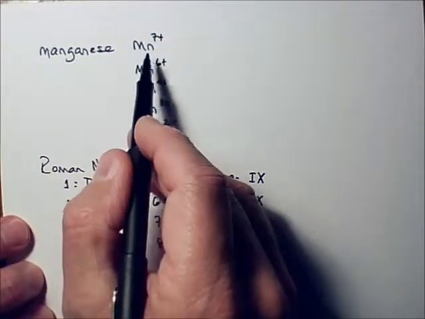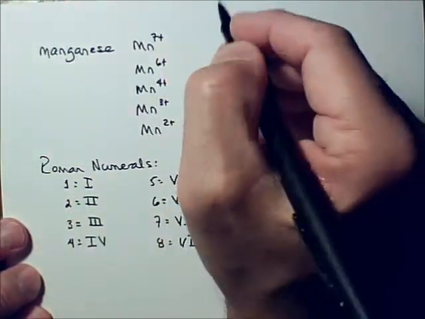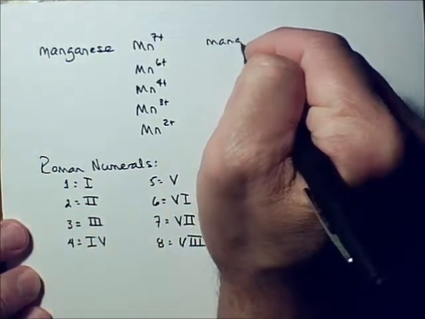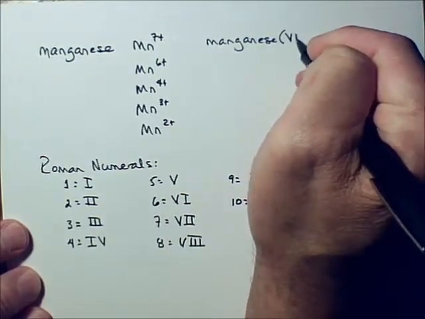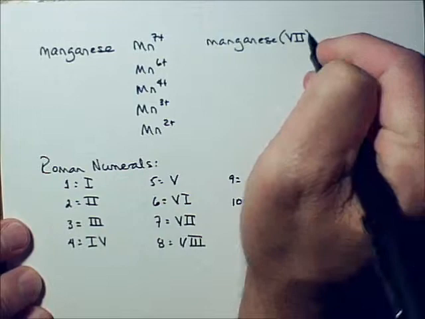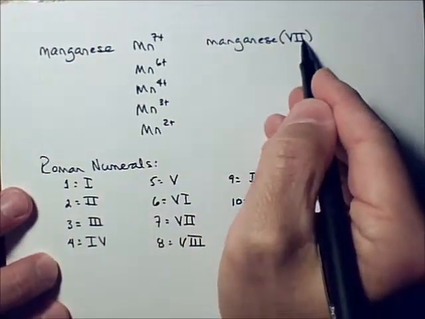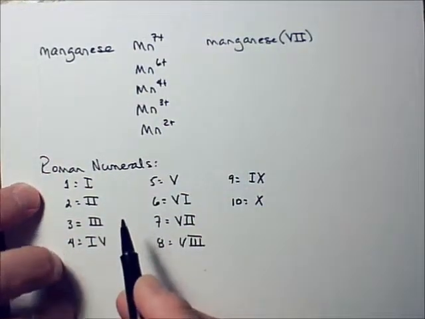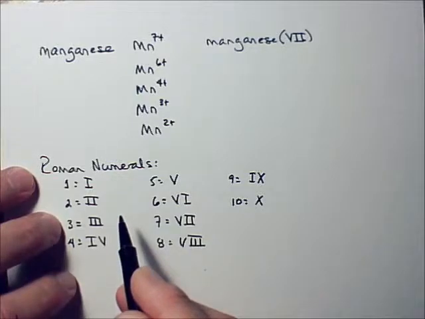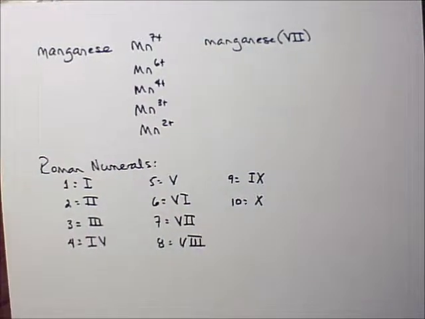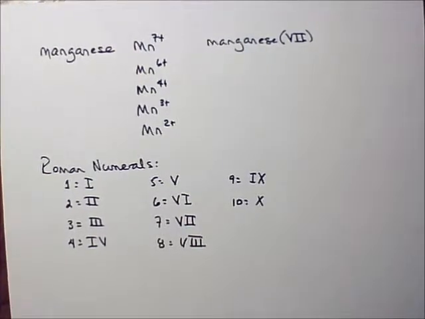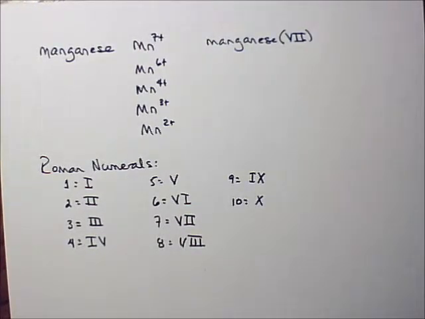So manganese with a 7 plus charge is manganese(VII). The 7 goes in parentheses with no space.